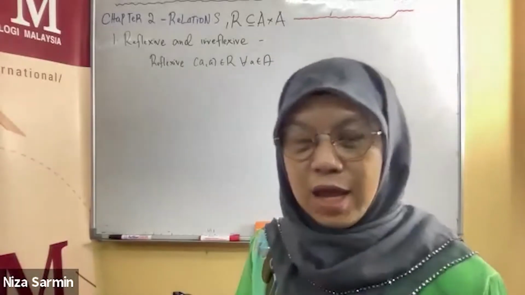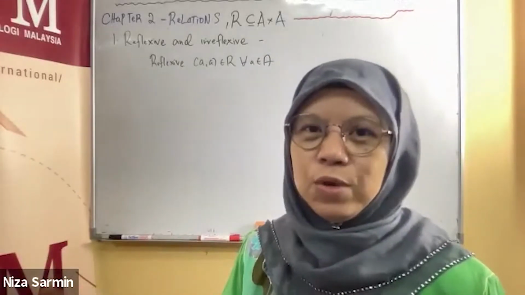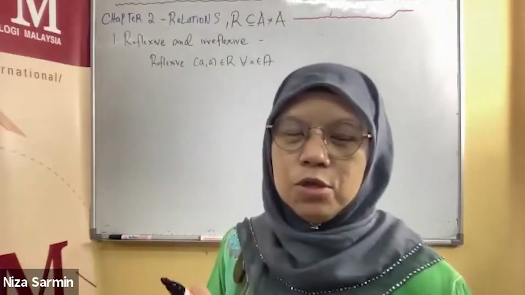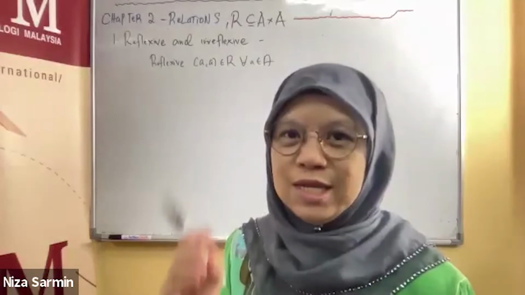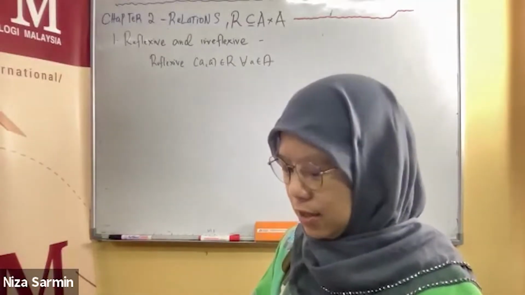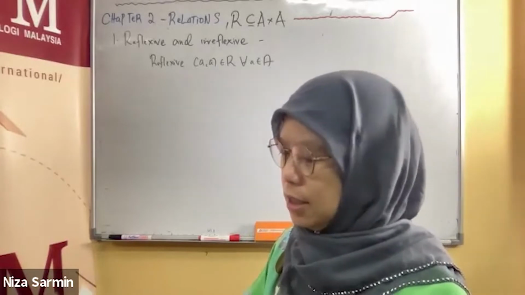If you are given A is 1, 2, 3, 4, 5, you have to look in the relation R whether you have (1, 1), (2, 2), (3, 3), (4, 4), (5, 5). Right? That is reflexive.